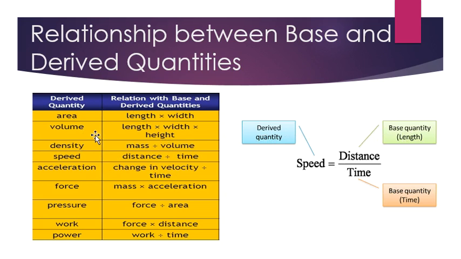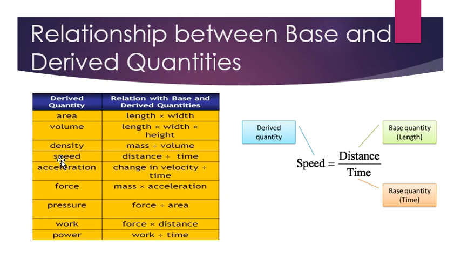In a similar way, you can see in this table, on the left side, we have different derived quantities such as area, volume, density, acceleration, force, and you can see the formulas of these. All of these formulas include base quantities such as length, width and height.